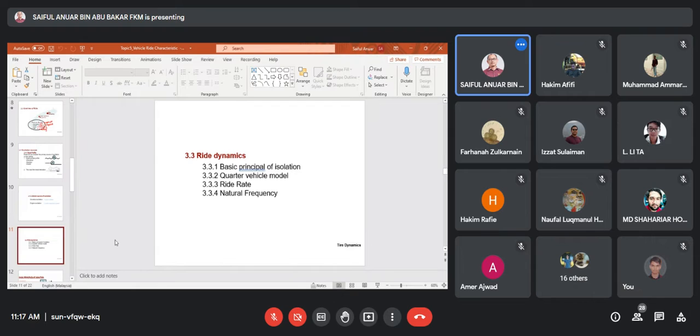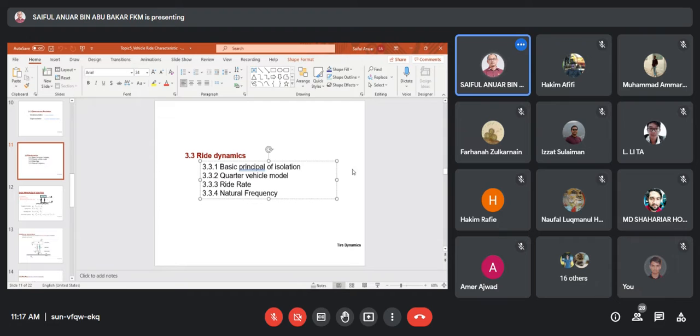Now we're going to take a look at the basic ride dynamics, which covers the basic principle of isolation, and then vehicle ride modeling.